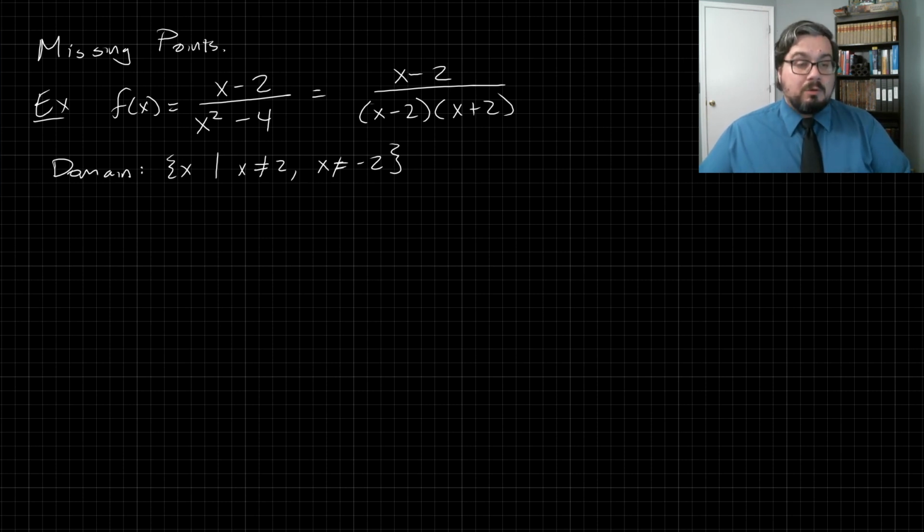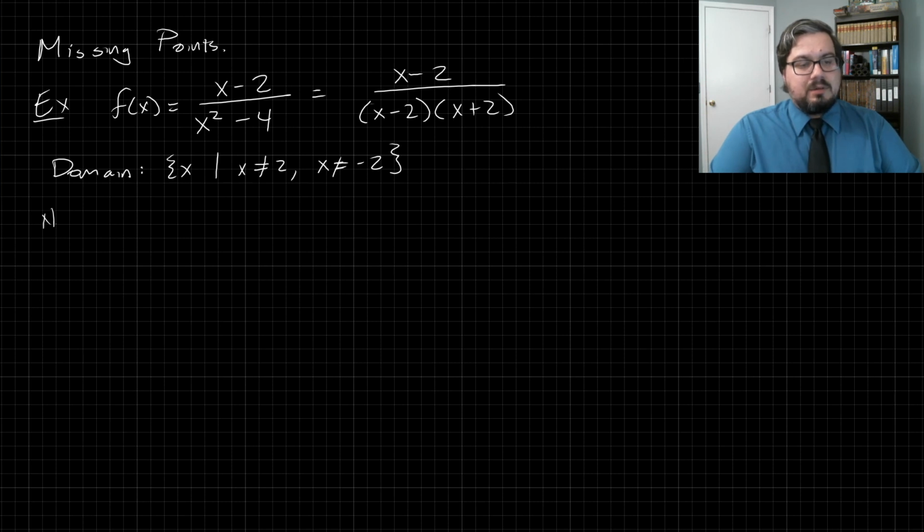Any other number won't, and therefore any other number is in the domain of this function. However, in the next step, when we go on to try to find intercepts and asymptotes of the function, we need to work with the reduced or simplified form. The only thing that we use the unsimplified form for is the domain.